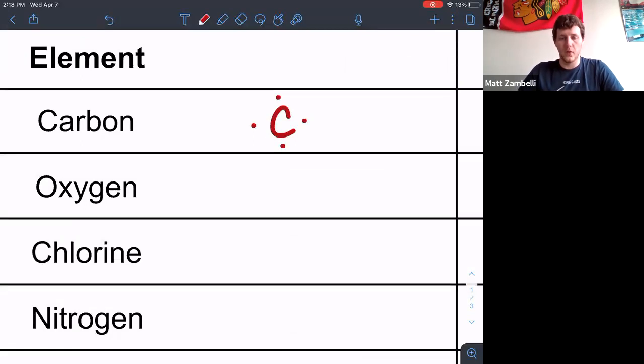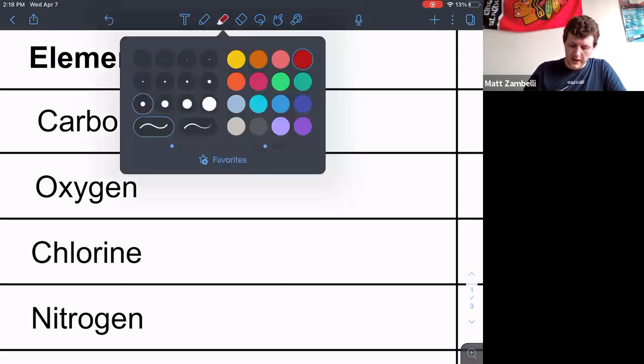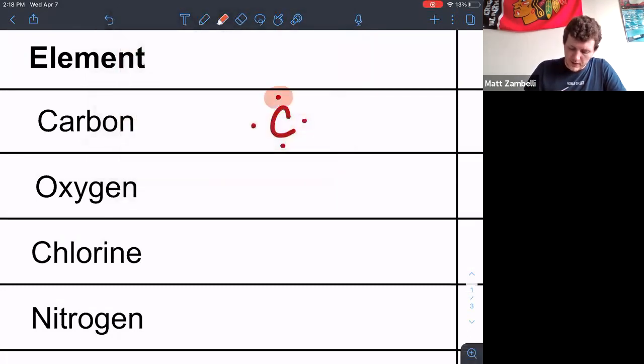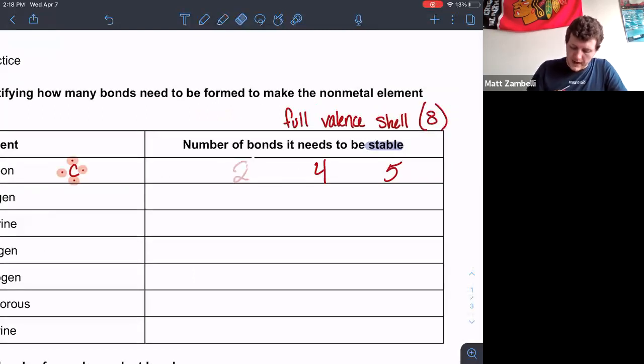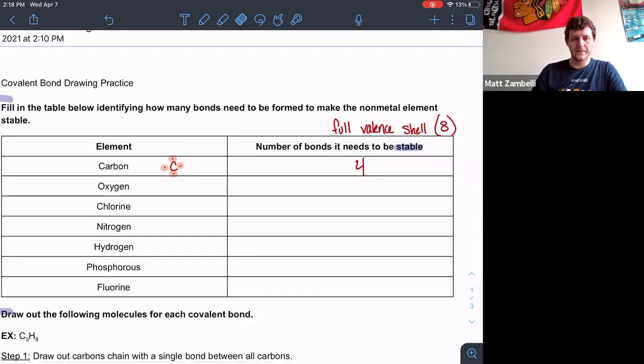It has those 4 spots because it wants to pair up all its unpaired valence electrons. We have 1, 2, 3, and 4. So we are going to form up to 4 bonds to make carbon stable.